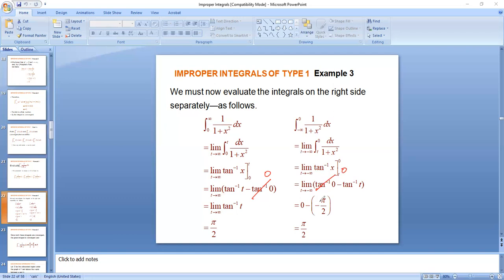That angle is negative 90 degrees. Remember, tangent is opposite over adjacent. So what particular angle will give you a tangent which is 0, but the opposite side is negative?